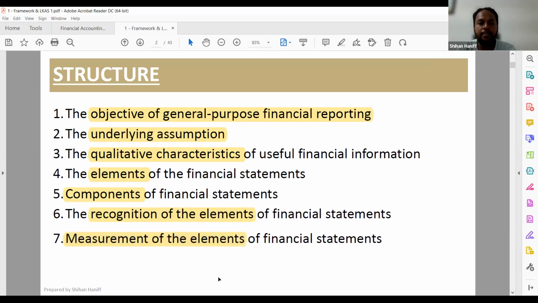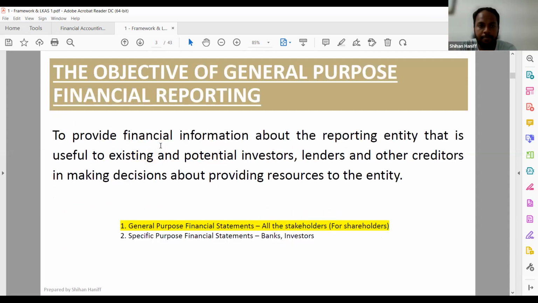I'm taking this chapter because we can cover almost all the MCQs related to this, similar types of questions. Only 6 parts: objectives, underlying assumption, qualitative characteristics, elements, components, recognition, measurement. Objectives of general purpose financial reporting. There is general purpose and specific purpose.